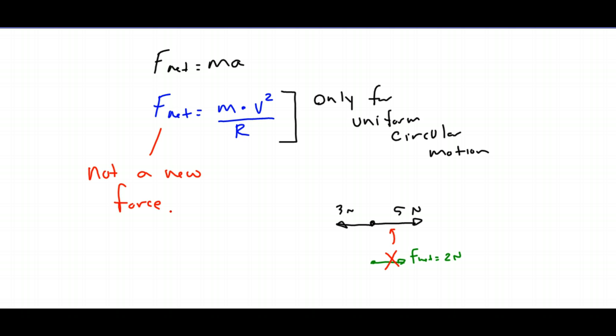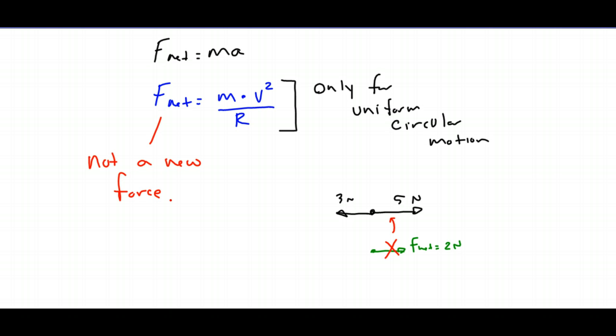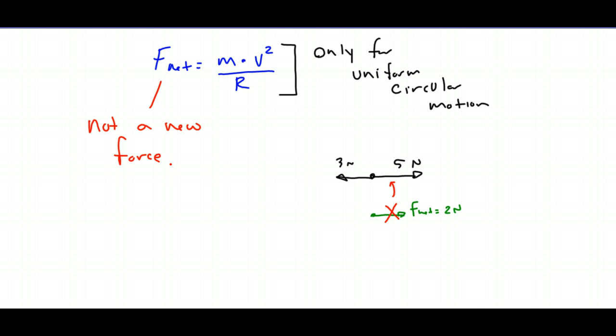But we have to be careful, because what is going to be the winning force and what is going to be the losing force? Well, we always know what the direction of acceleration is. We always know that the direction of the acceleration when we go around in a circle is toward the inside. So here, our F net is equal to the forces that are winning minus the forces that are losing.